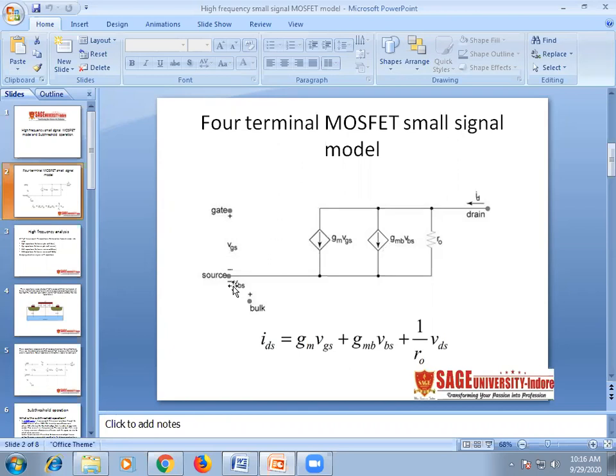For the first device you can apply ground to the body, but for the connected devices in series combinations we are unable to tie the body to ground, so the source potential is at a different voltage from the body potential. Because of that, VBS is always present, and this current, GMB VBS, has to be considered. And because of the output resistance R0, we also have a current.